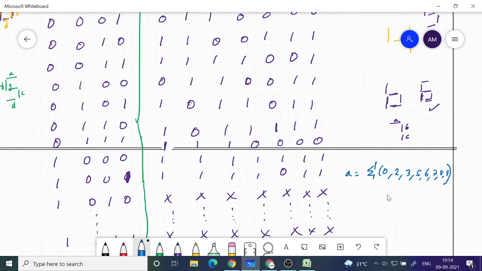And the rest we say plus don't care. Don't care is basically 10, 11, 12, 13, 14, 15. This is how we write the relation.